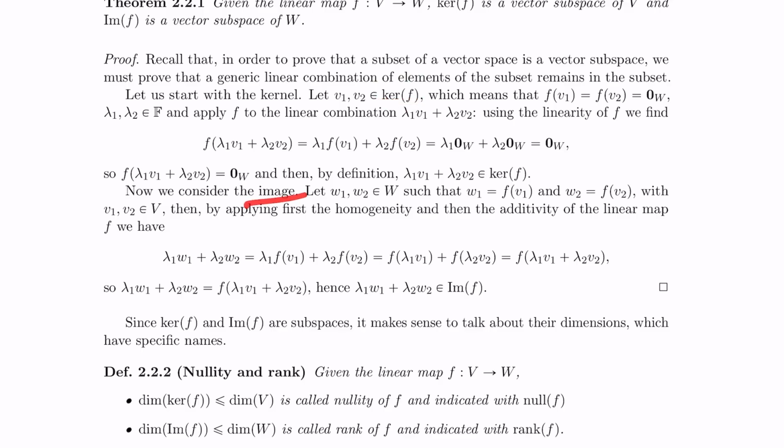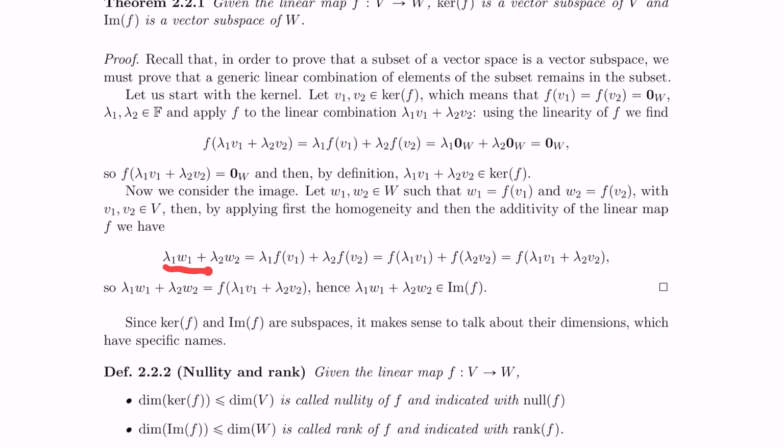Let's now consider the image. If w1 and w2 belong to the image of F, this means that w1 is written as F applied to a certain v1 belonging to V, and w2 is F applied to another v2 belonging to V. Then, if we use the homogeneity and the additivity of the linear map F, we obtain the following.